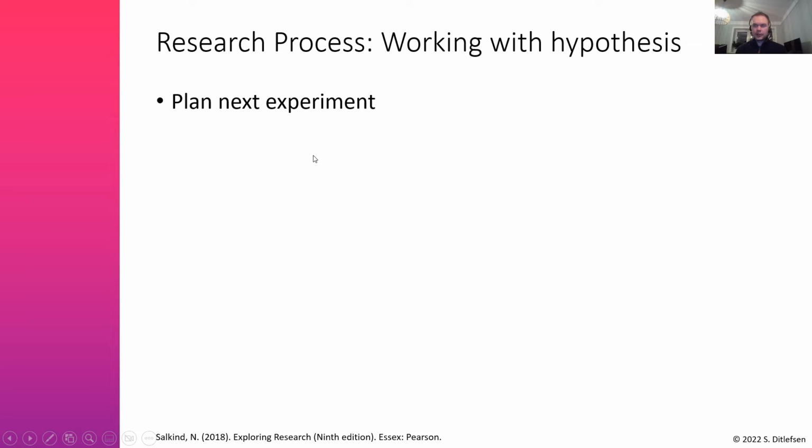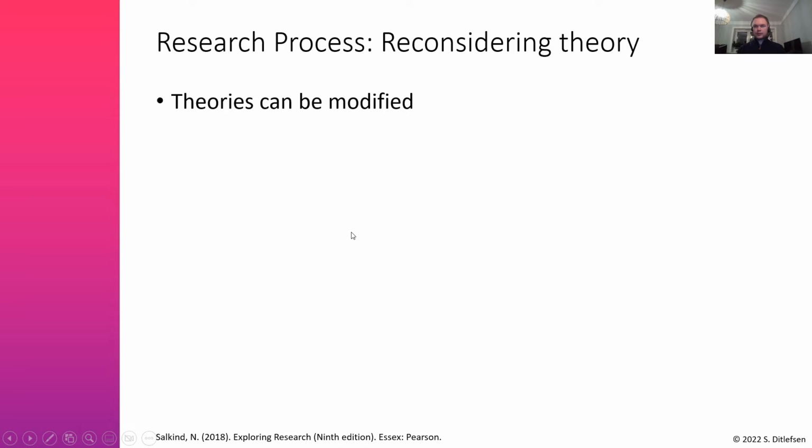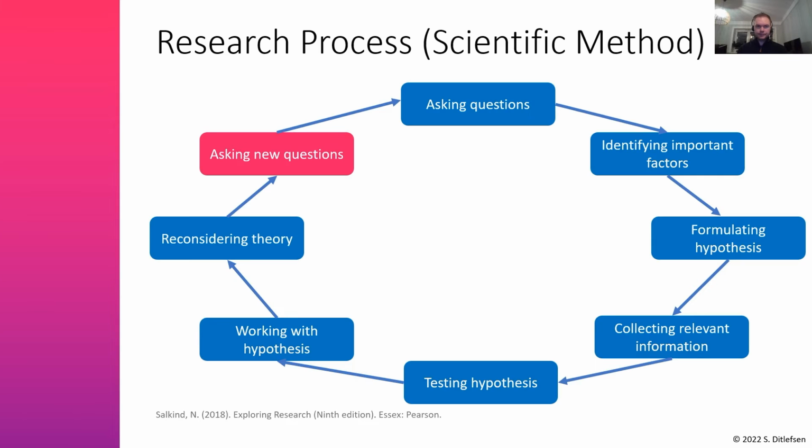And when we are working with it, we need to think ahead and plan the next experiment. What is the next thing we're going to do? Of course, we are going to reconsider theory. Theories can be modified. This is why we do experiments, to see if the theory holds or if we want to modify it.